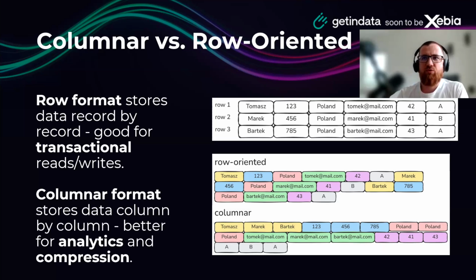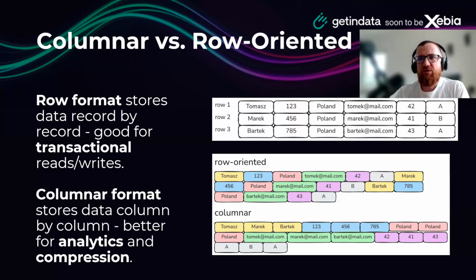So row number 1, row number 2, row number 3. It's a really good format when we want to append, when we want to pull a small amount of data and we need to pull the full rows, not, for example, whole columns of our table. But it's not effective in most of our big data analytical workloads.